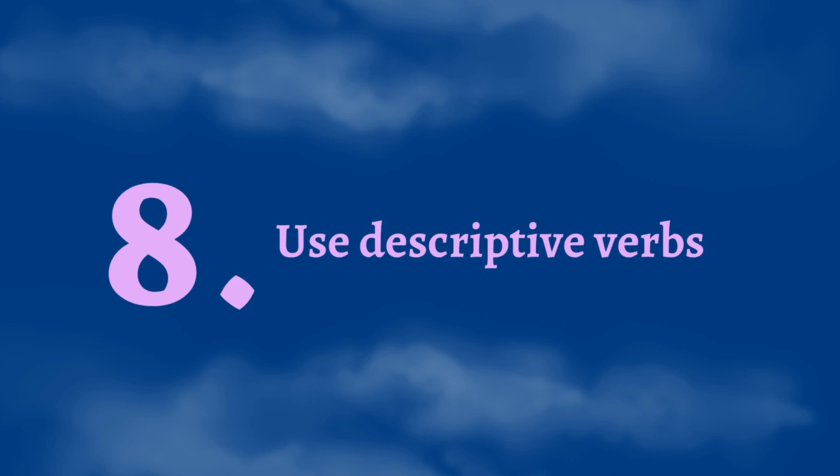Number 8, descriptive words. Now, we've talked about this in different ways, but I really want to go into more the descriptive verbs specifically. Now, that's a really powerful tool because a lot of the times when you're writing, like he said, she said, he said, she said, as you're going through dialogue, you're like, oh my gosh, this is so monotonous.